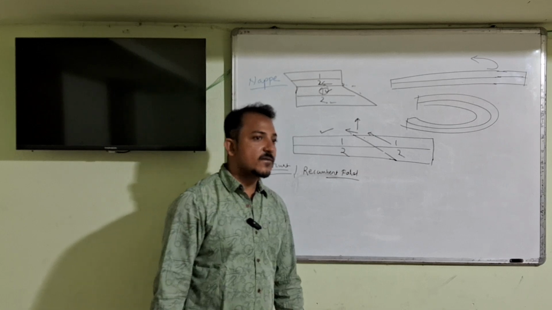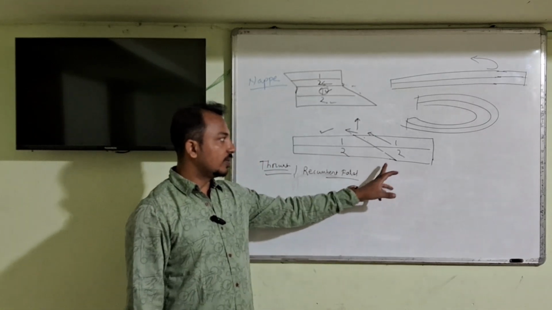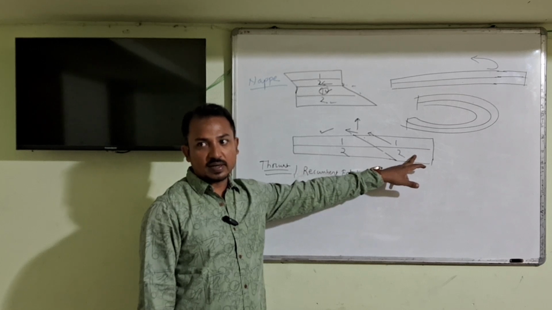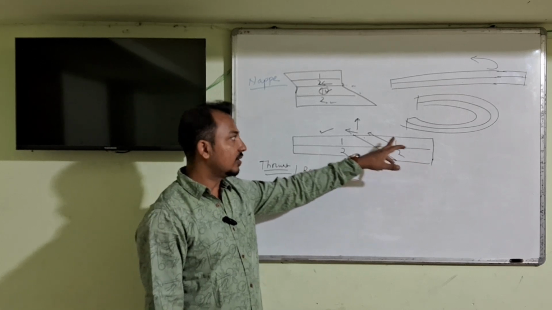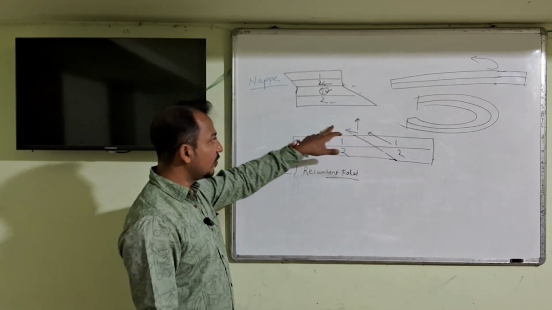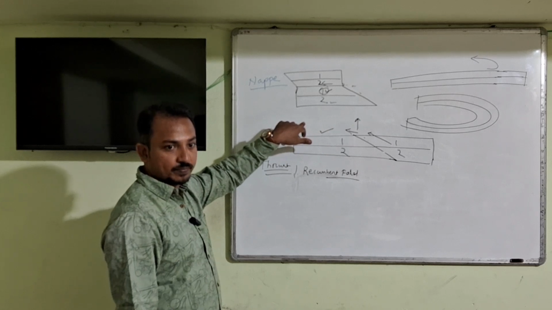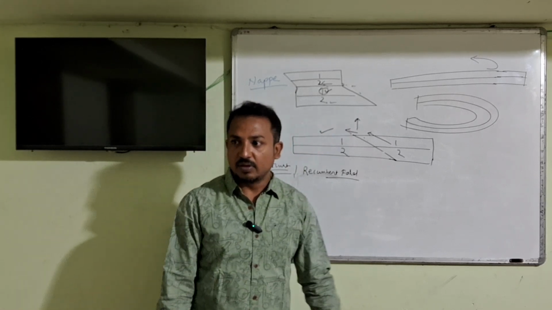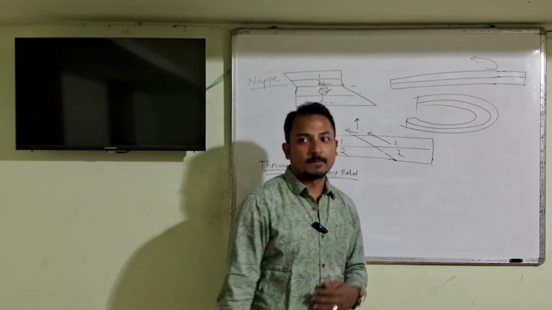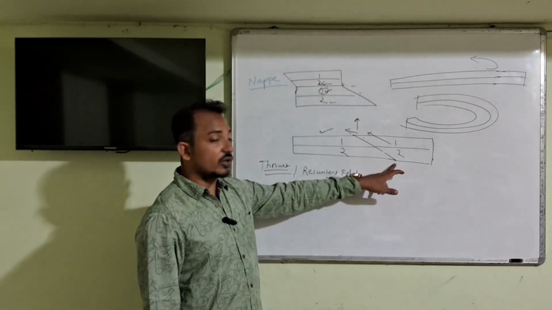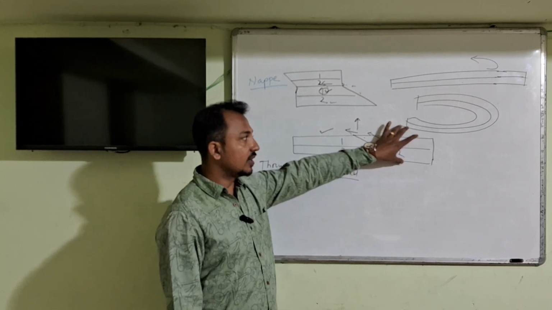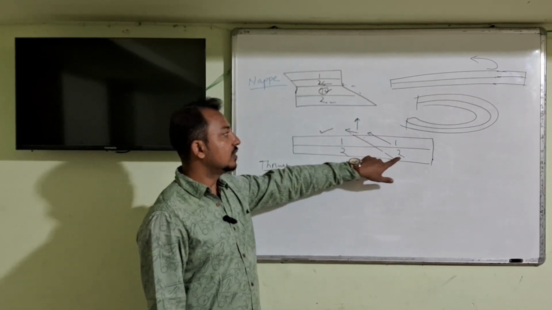So during thrusting, one bed, that is the upthrown block, or you can say the hanging wall, moves and comes over the footwall and slides over the footwall for a longer time. When thrusting occurs, this part will detach and slide over this part.